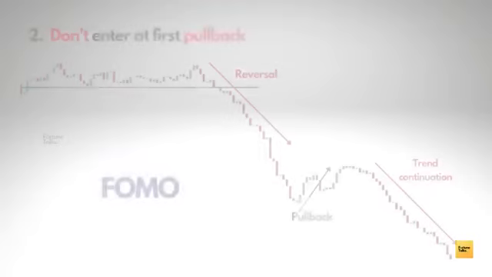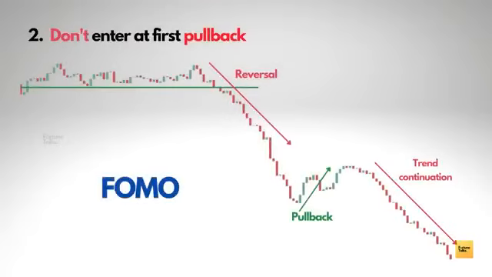And why do some traders always do this? This is simply because of the fear of missing out, or FOMO. You don't want to miss out on the next move. Thus, you enter a trade as soon as the market shows any sign of reversal. Unknowingly, this sign is usually a retracement or a pullback of the existing trend, and the market will continue the trend, causing you to lose your money.